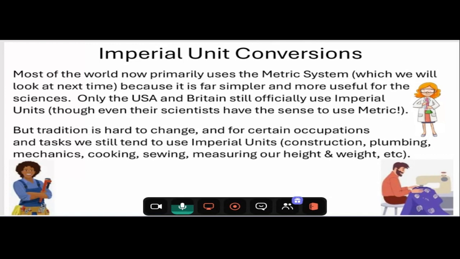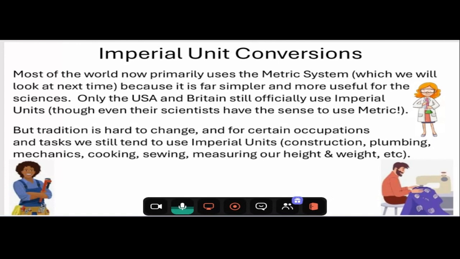Yeah. So what has happened is that for certain occupations and certain daily tasks, it's just sort of ingrained in our culture, and we still tend to use imperial units. So in construction, they're usually working in feet and inches, plumbing as well. Some auto mechanic stuff has switched to metric, some has stuck with imperial, which is even more confusing.